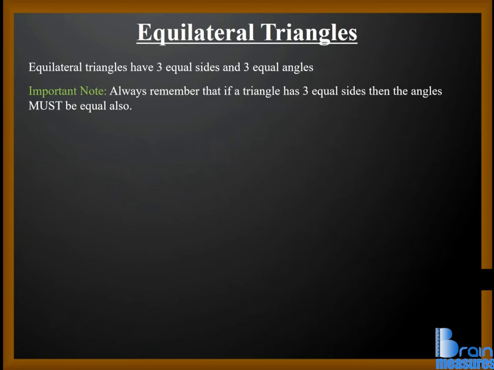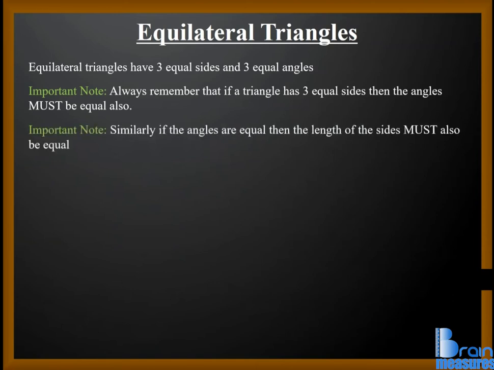How about if we don't know whether the sides are equal or not, but we're given inside the triangle that the angles are equal? You need to remember that if the angles are equal, then the length of the sides must also be equal. So both of these properties go hand in hand.